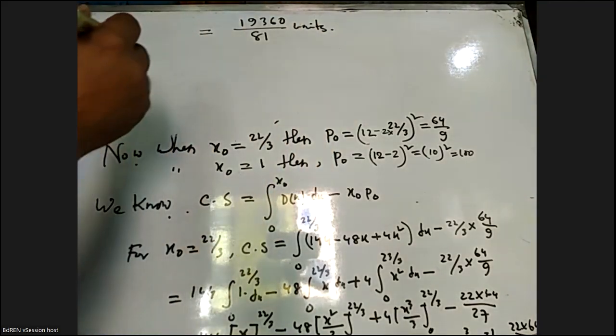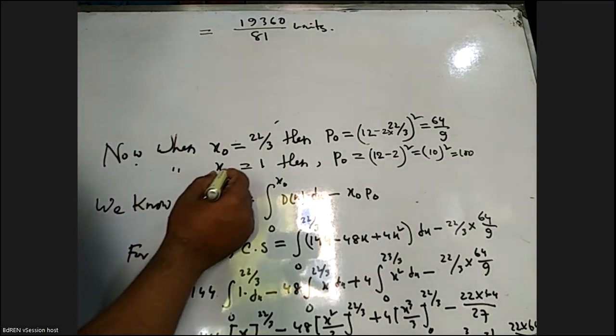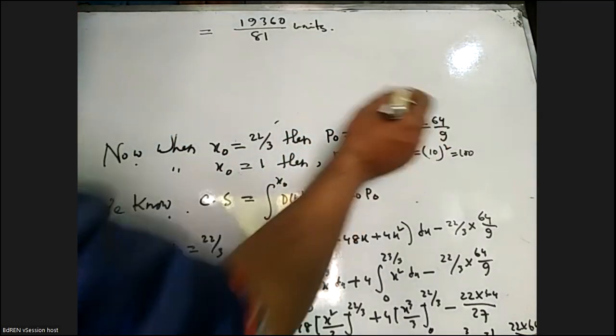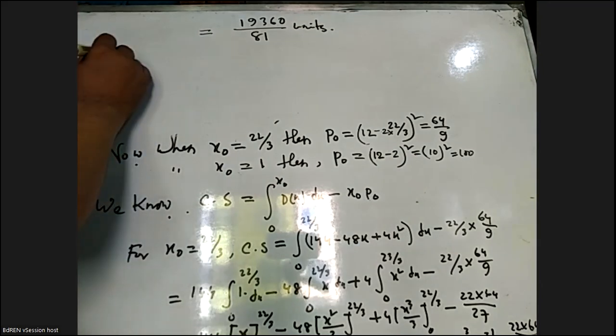This is the consumer surplus for x naught equals to 22 by 3 and price 64 by 9.